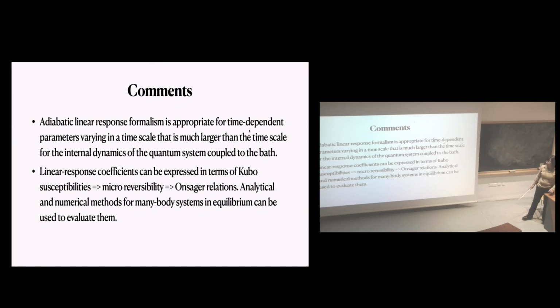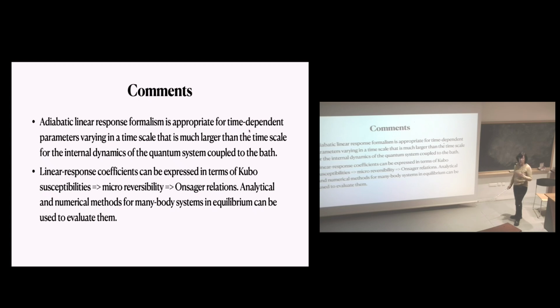And now some comments. It is important, as in Kubo, I said that it was valid to do that expansion if the amplitude of the perturbations, so of the time-dependent terms, are small. In our case, we introduce some expansion in time.